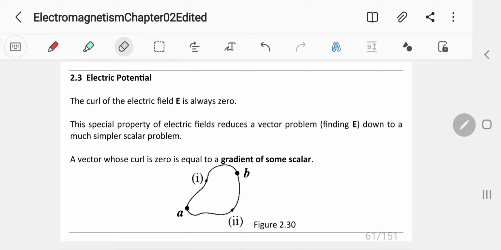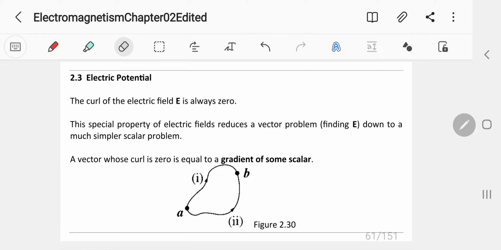And so this property of the electric field, the curl being equal to 0, gives us some remedy in dealing with vectors inside the integral.